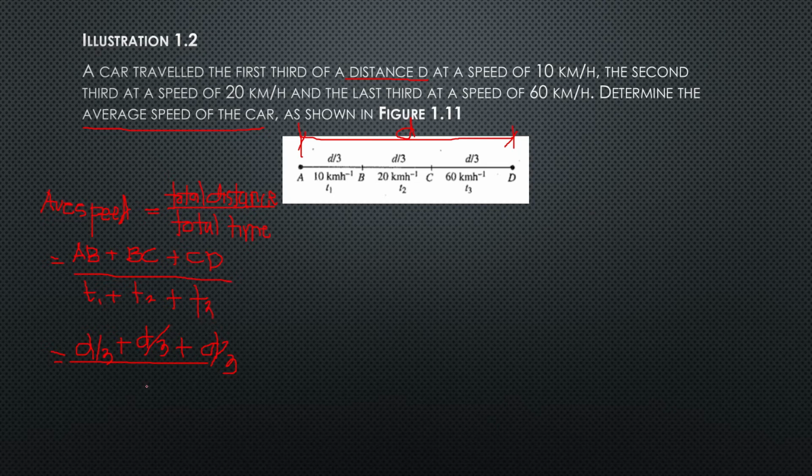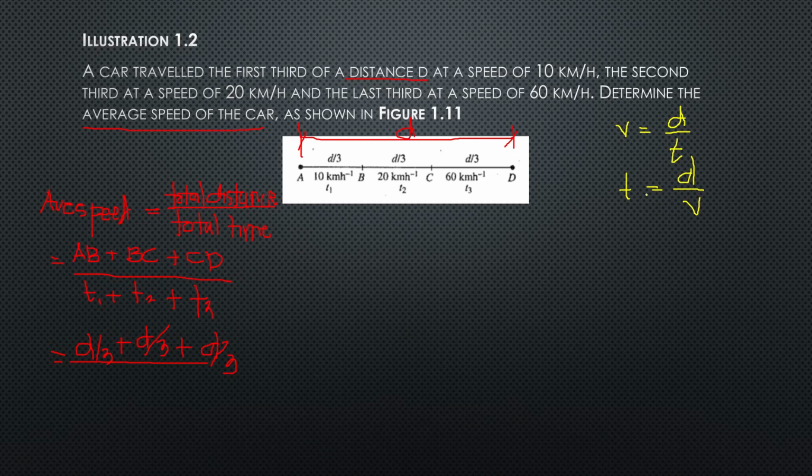So we have a formula for time. Recall that speed is equivalent to distance all over time. So solving for time, time will be equal to distance all over speed.